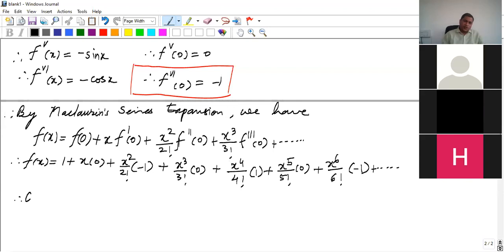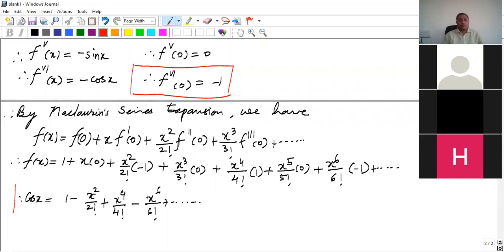Now simplify this. So what we have is cos x. So you can see this is going to be 0. So 1 minus x square by 2 factorial plus x raised to 4 by 4 factorial minus x raised to 6 by 6 factorial.